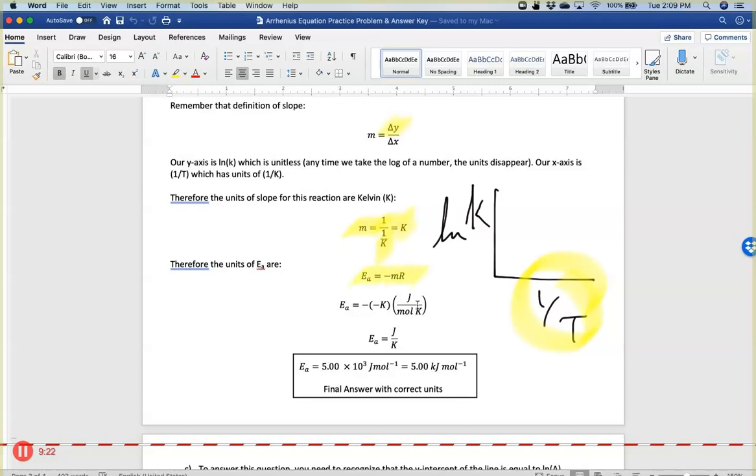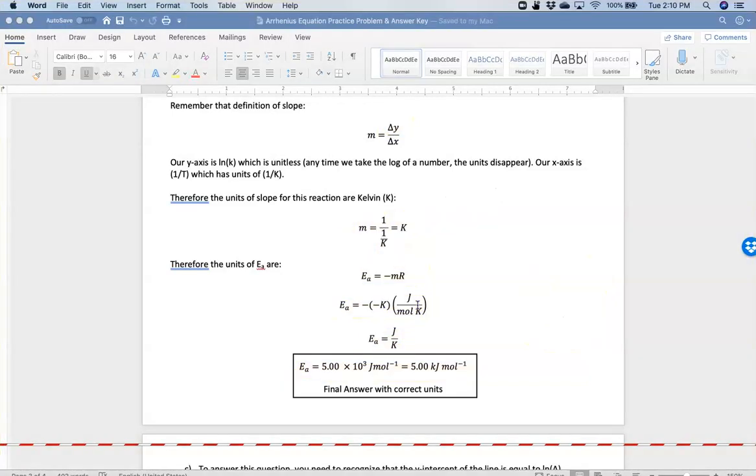Plug it back into this equation, EA equals negative mR, with just my units. My units for temperature are right here, and my units for R are right there, joules per mole Kelvin. What we can see is the Kelvins cancel out, and I'm left with joules per mole. It's exactly what the units for EA should be. EA is now 5 kilojoules per mole, so it's my final answer with correct units.